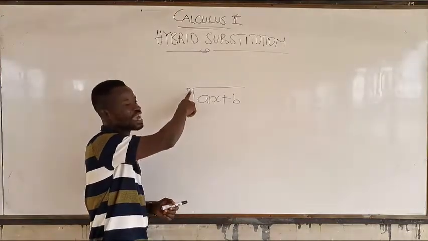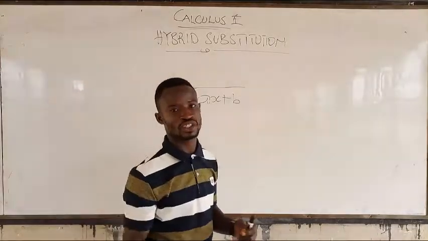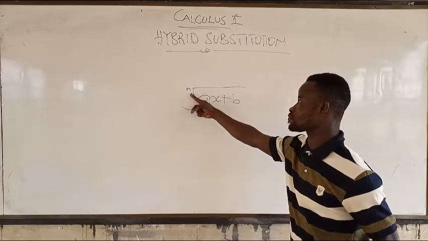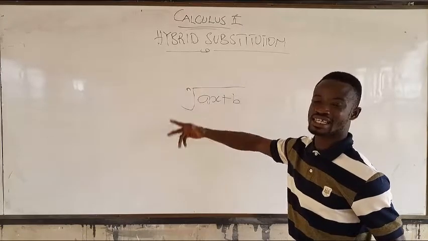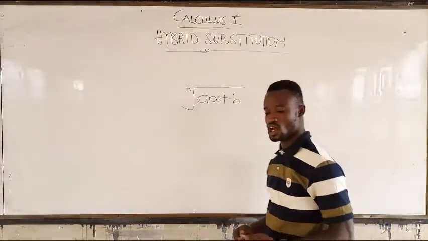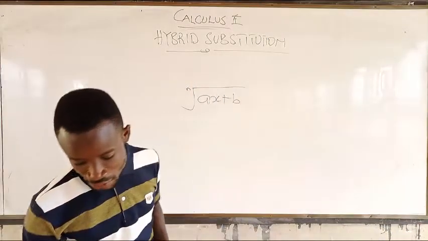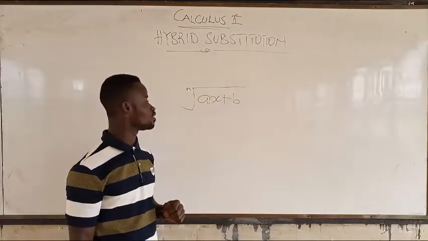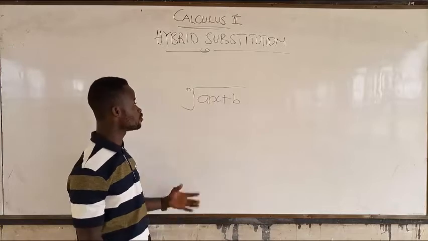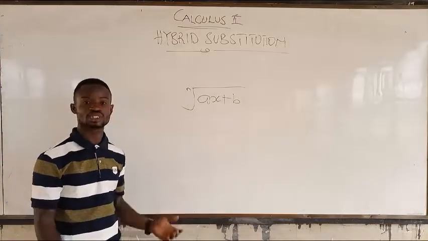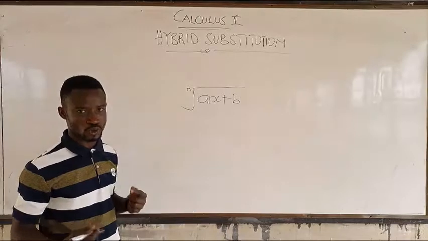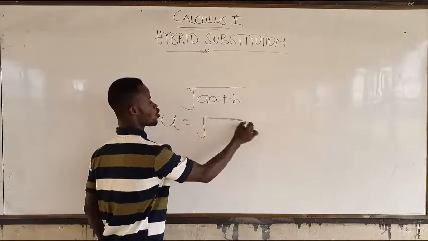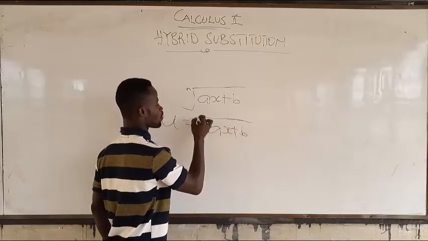But if I write n here, it represents square root, cubic root, fourth root, it can be 5, 6, anything. If you have an integral involving such a thing, say the square root of ax plus b, your substitution is not going to be u equal to the whole of the nth root of ax plus b.